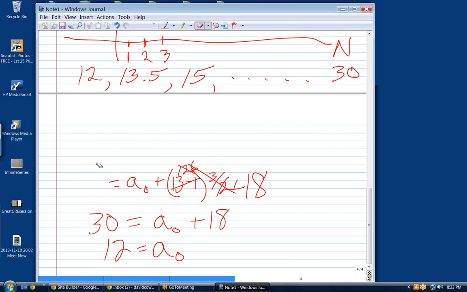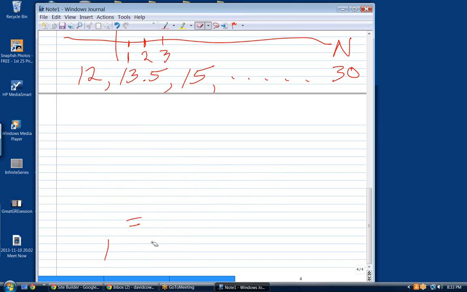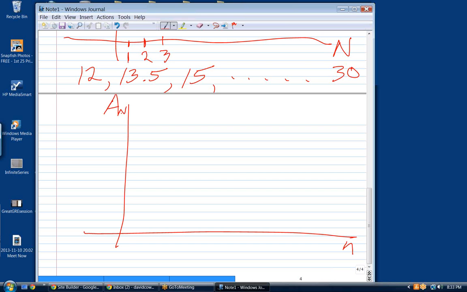Now, these problems can be structured many different ways. They did say graph this, so let's do a quick graph of it. Remember, this is n, this is a sub n. So when n is 1, that's 12. When n is 2, it's 13 and a half. When n is 3, it's 15.